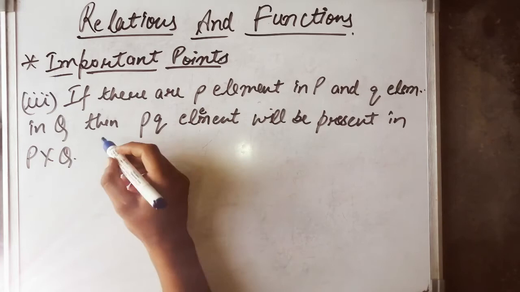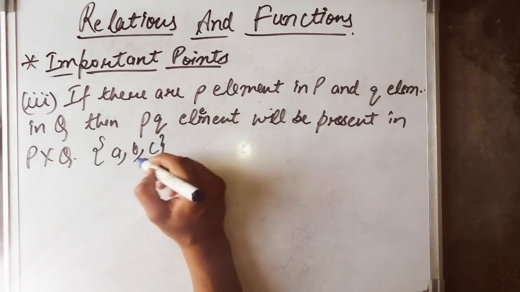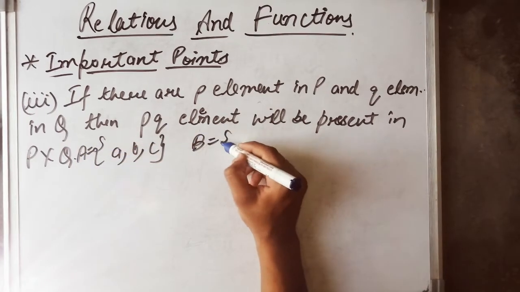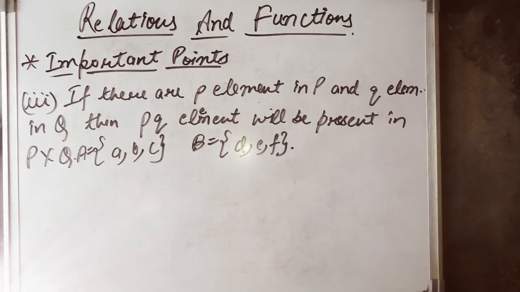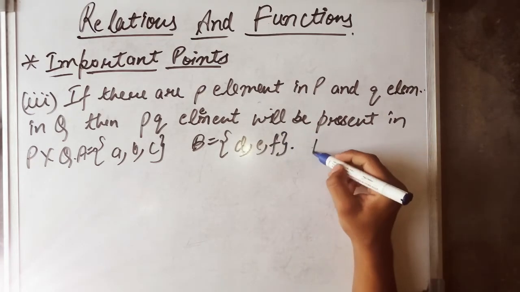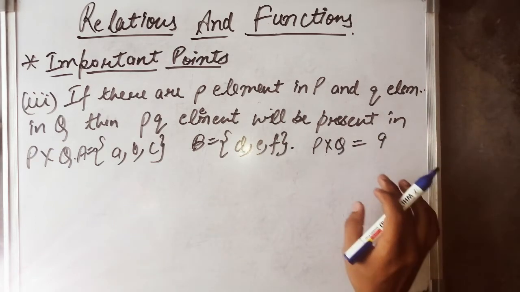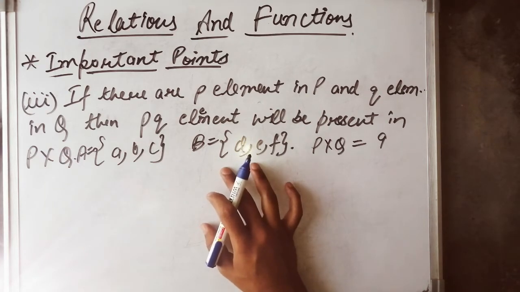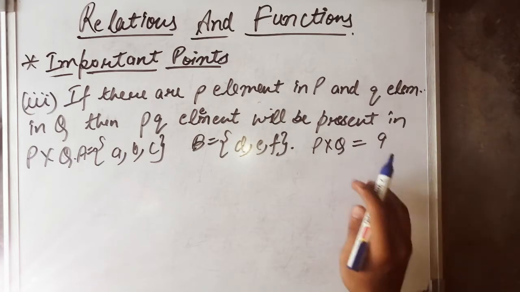Let's have an example. A equals {a, b, c} and B equals {d, e, f}. The number of elements in A cross B will be 9, because the number of elements present in A is 3 and in B is also 3. Multiplying 3 with 3, we have 9.